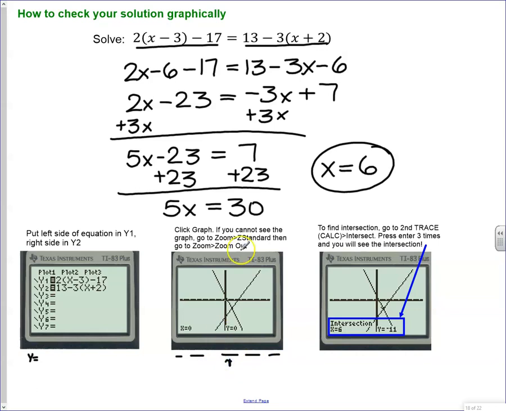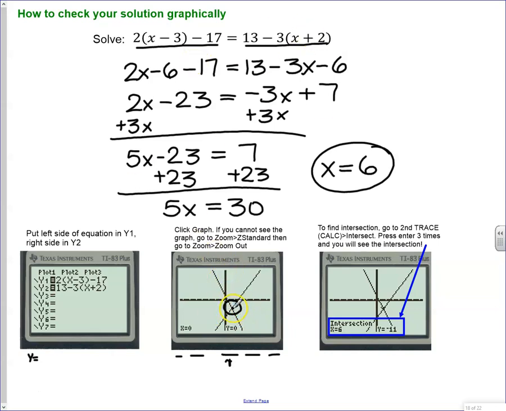You're going to click on that, and you can do Z standard, which takes you to a -10 to 10 on the X and the Y axis. You can zoom in and out, whatever you need to do until you can see the lines crossing. So we can see here that where they cross, that point right there is the intersection, and that is the solution to this problem, is where they cross.